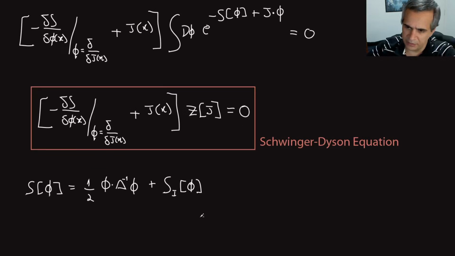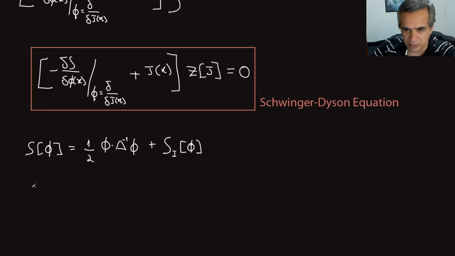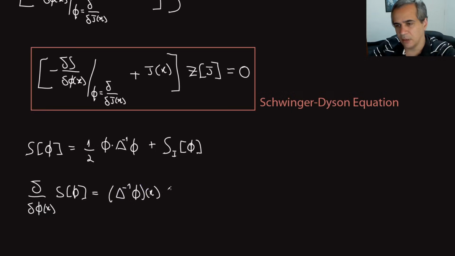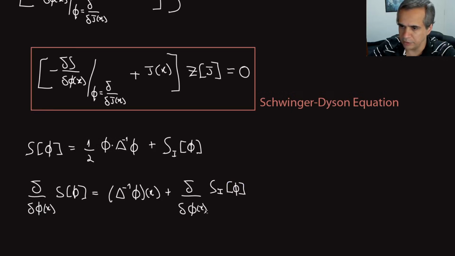So let me differentiate that in relation to phi. Take the functional derivative of this. Let's choose point x, and then this side of the equation becomes delta minus 1 of phi, which is a function of x, plus also the functional derivative of the interaction in relation to phi of x.